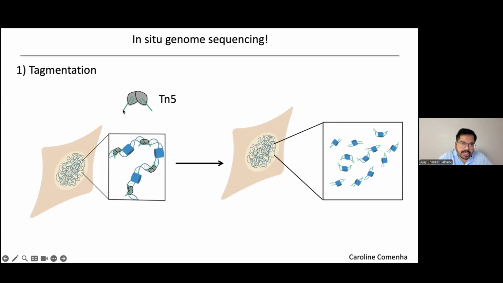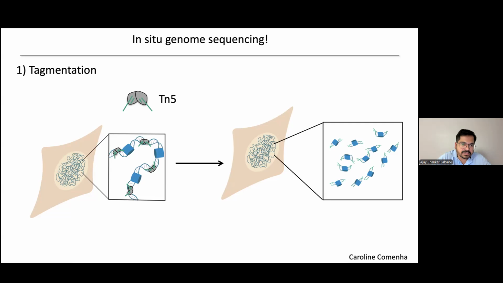One key characteristic of this enzyme is that it is a doublet, it is a dimer, and we can load this dimer with known DNA sequences. We call them adapters. And these known DNA sequences are then inserted into the genome by this enzyme. So it forms this dimer, goes into the nucleus, and wherever the DNA is free from proteins, it tagments it.